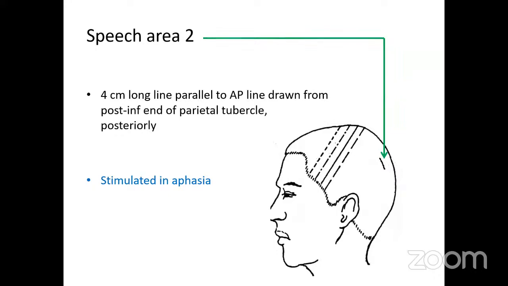Okay. So you draw a line 4 centimeters long, I'm sorry, we are not talking about the pinna. The second auditory area comes in the pinna. Speech area 2 is the parietal tubercle. If you look at the parietal tubercle, you have to look for the posterior inferior point of the parietal tubercle and draw a line which is 4 centimeters long, running parallel to the AP line. That becomes your speech area 2 for all speech problems.